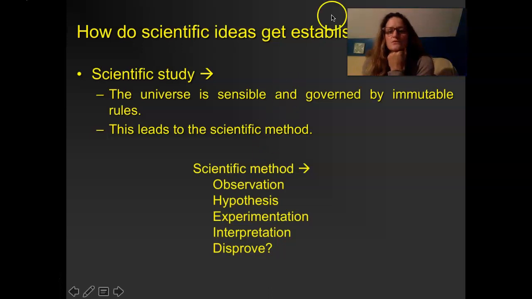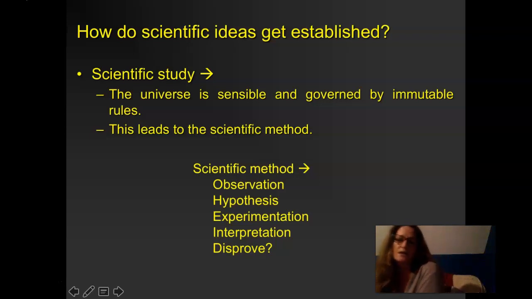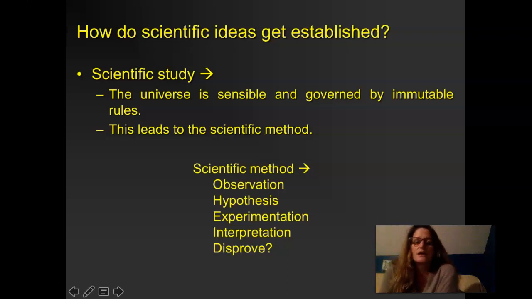Okay, so investigating geology, like any of the other sciences, involves what we call a scientific study and doing science. The study is done by following the scientific method.